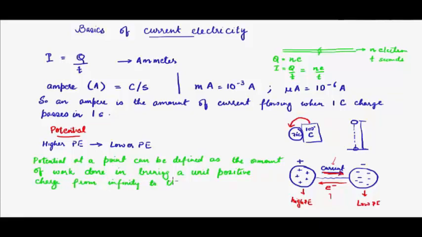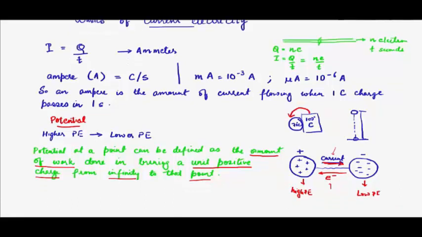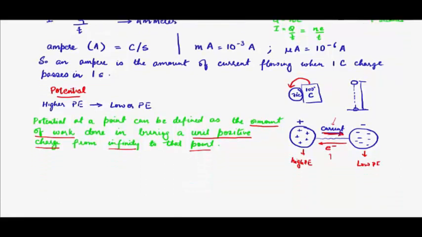Okay, so let us see what it's saying. Potential is defined as the amount of work, so it is work done for what? To bring a unit positive charge from where to where? From infinity to the point at which we are defining the potential. Okay, so now that we have formally defined the potential, let us see it in terms of equations and mathematics.